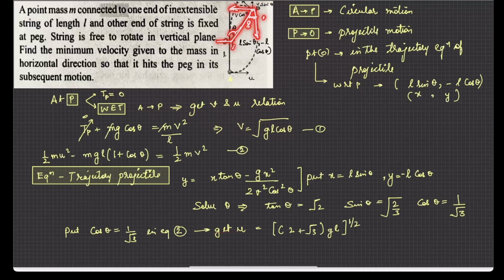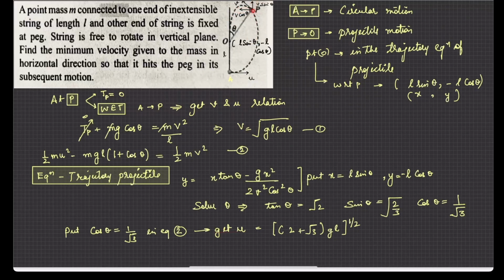So if this is my L, this is my theta, this point will be L cos theta and L sin theta. So this one will be my L sin theta, and on this side, so we consider this as the axis, x and y. We are taking this as the axis.